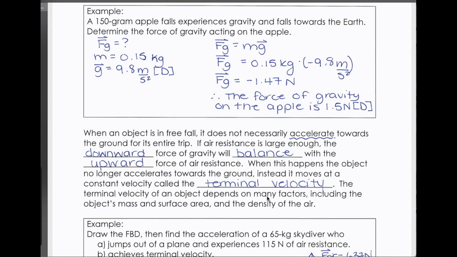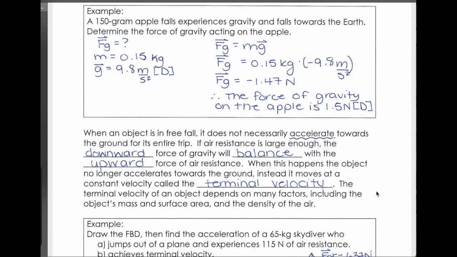So a lot of times we hear the term terminal velocity with skydivers. The terminal velocity of an object depends on many factors. This includes the mass of the object and also the surface area of that object. Okay, so we've experienced this.